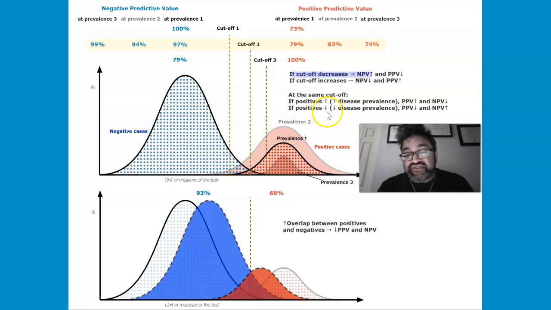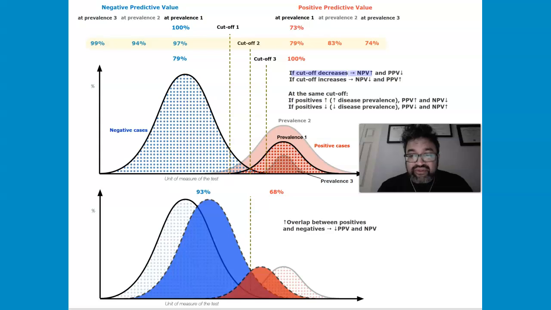The opposite is true as well. If disease prevalence decreases, then positive predictive value decreases as well, and negative predictive value increases. The final thing that you want to think about is what happens when the overlap between positives and negatives is much closer.